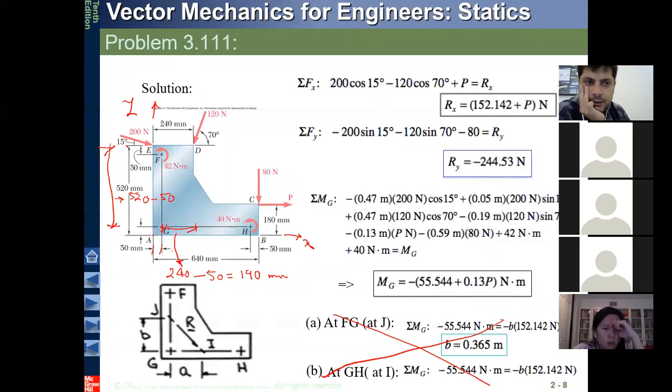This 15 degree is the angle between the 200 Newton force and X direction. This has nothing to do with the distances. The distances are between points A and E in X and Y direction.